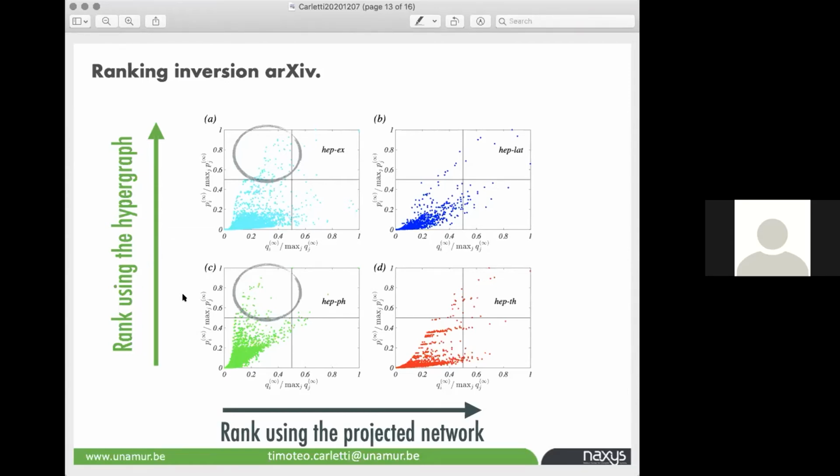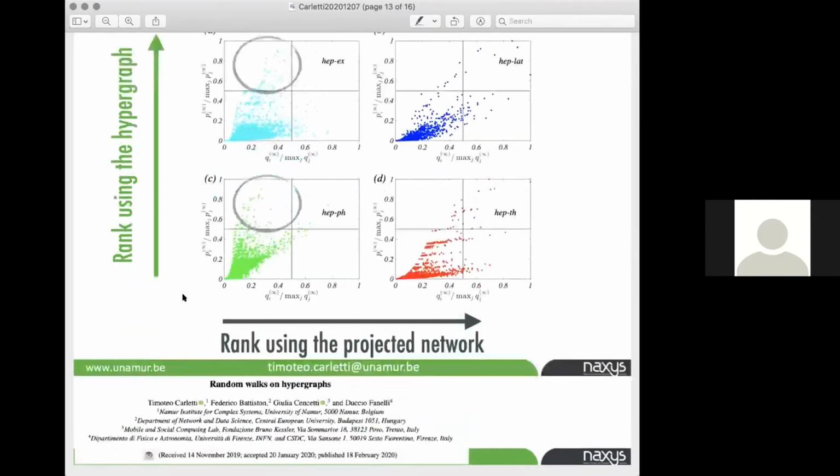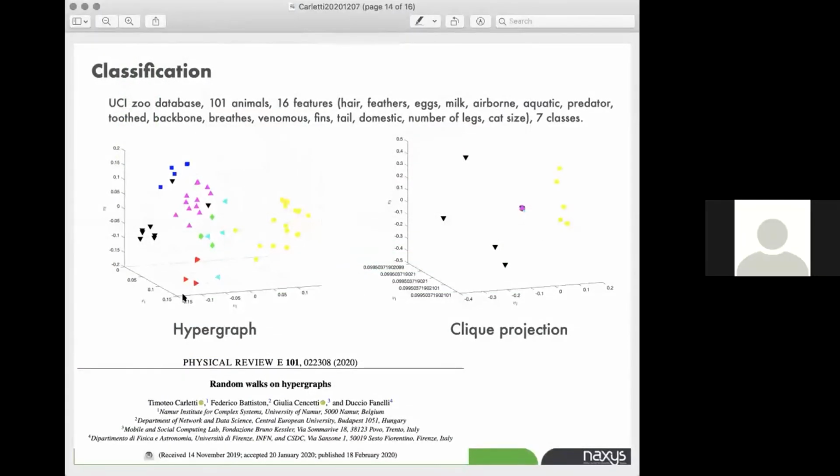So I think that with this, I showed you the importance of a good framework, using hypergraphs to model phenomena where there are high order interactions. Just before concluding, I can show you that we did the same analysis for classification.